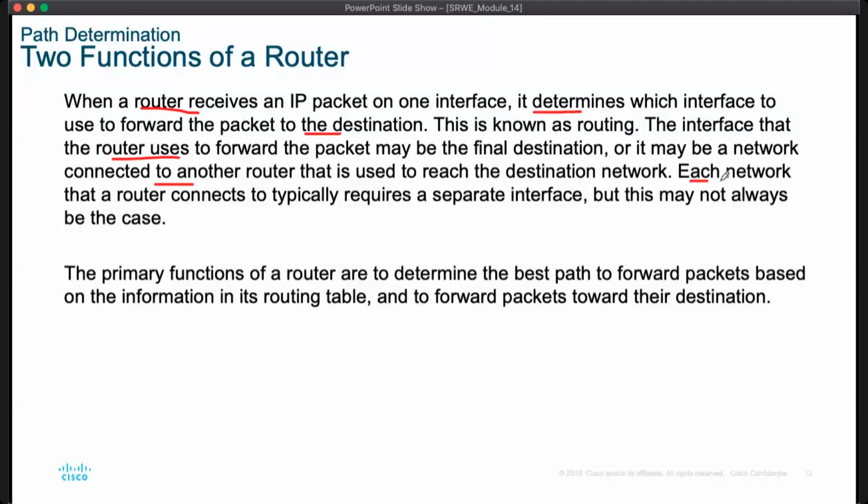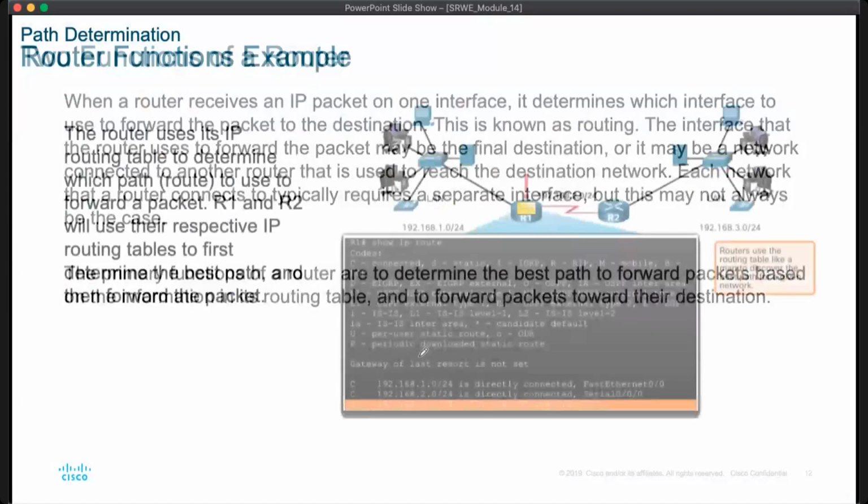Each network that a router connects to typically requires a separate interface, but this may not always be the case. The primary functions of a router are to determine the best path to forward packets based on the information in its routing table, and to forward packets toward their destination.